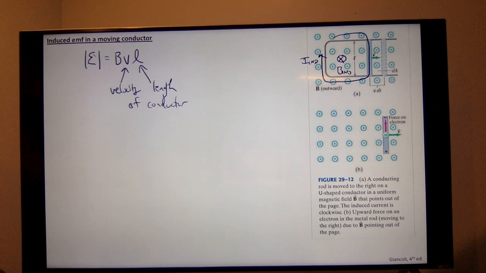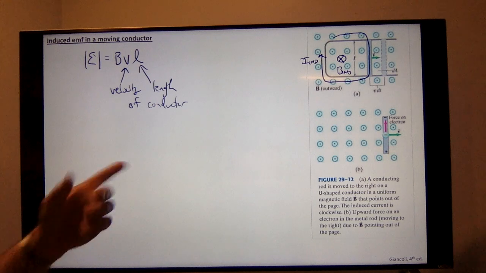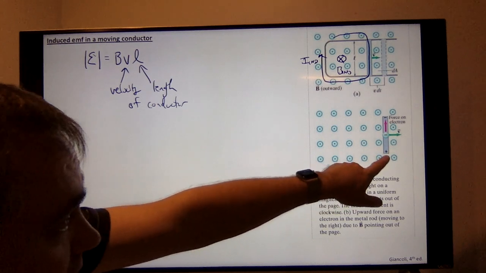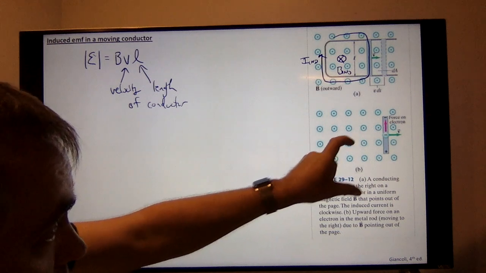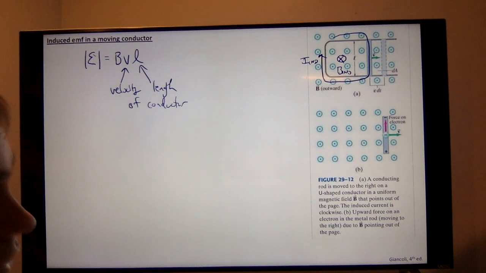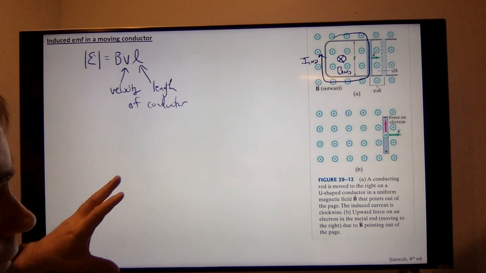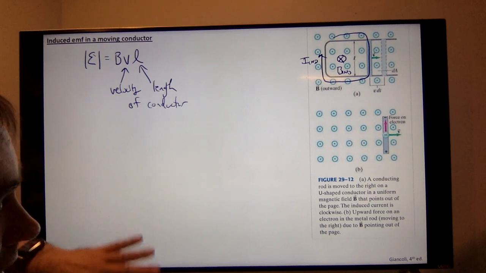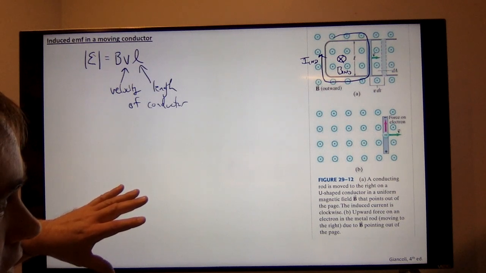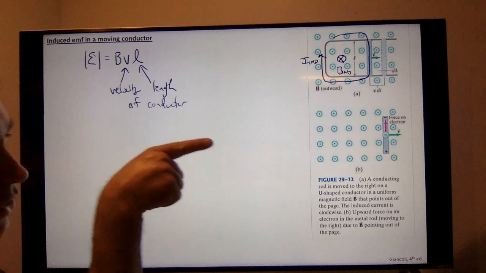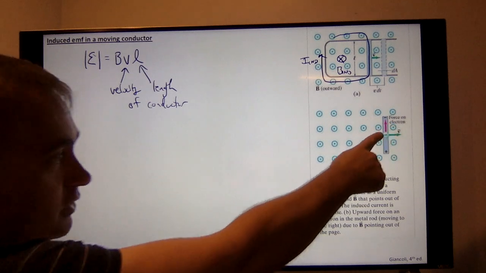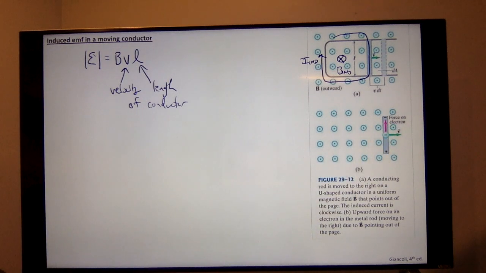The thing is, it works out that I don't really need the loop of wire. I could just have a conductor itself, just a bar that's moving through a magnetic field, and you're going to get the exact same thing happen because of the force on the free electrons inside that particular conductor. So let's see. You can imagine that I have positive charges in here, and they're moving to the right.